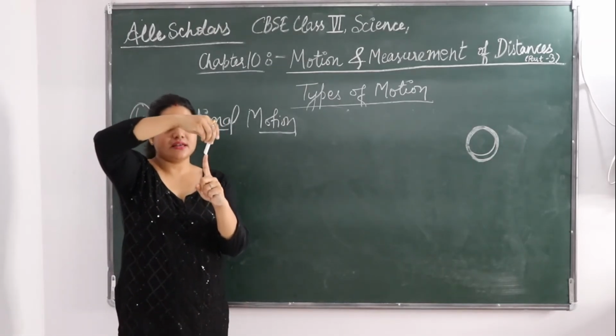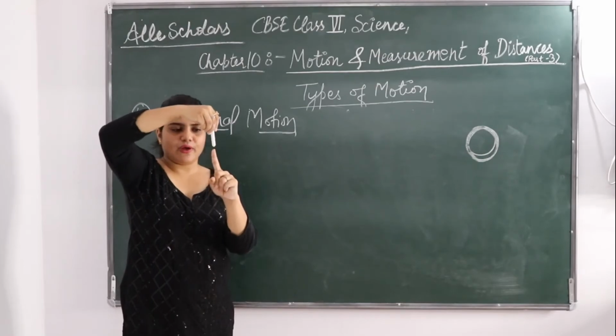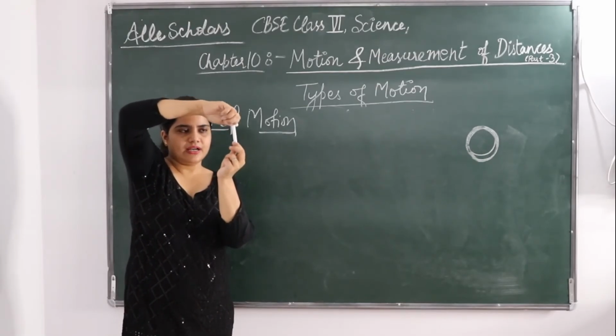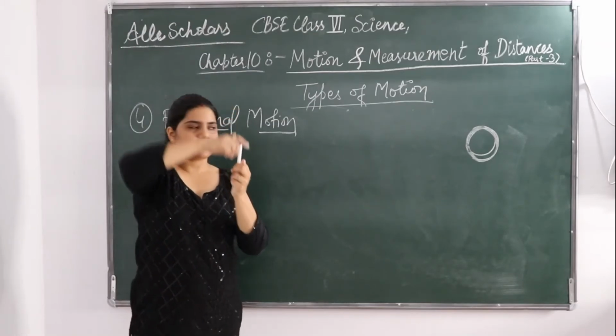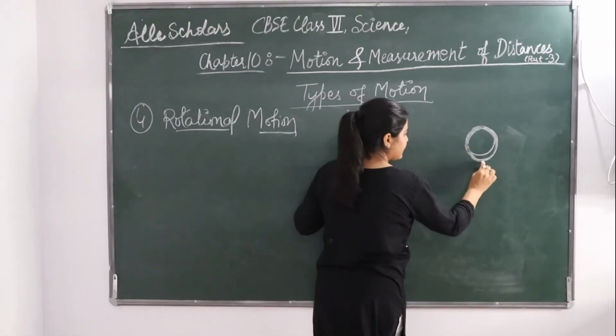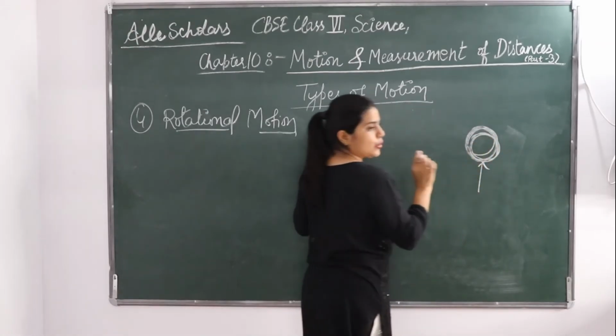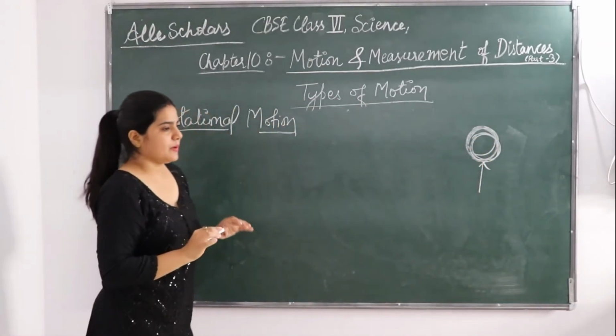This is its axis, it is fixed like this on its axis and it rotates. It is rotating like this on its axis. Suppose this is the axis, and it will rotate like this on the fixed axis.